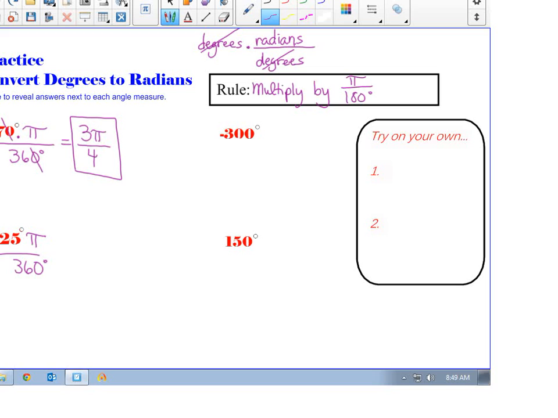Use your calculator if it's a little quicker. I'd rather you do it by hand. The answer will be left in terms of pi. And let's see, 45 goes into both of these. 9 goes into them, 5 goes into them. So if you're reducing, you should get all the way down to 5 pi over 8.